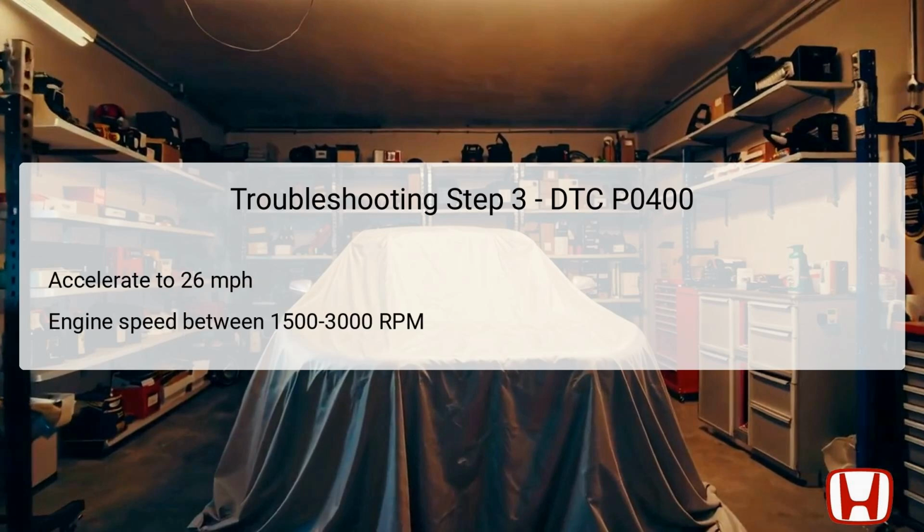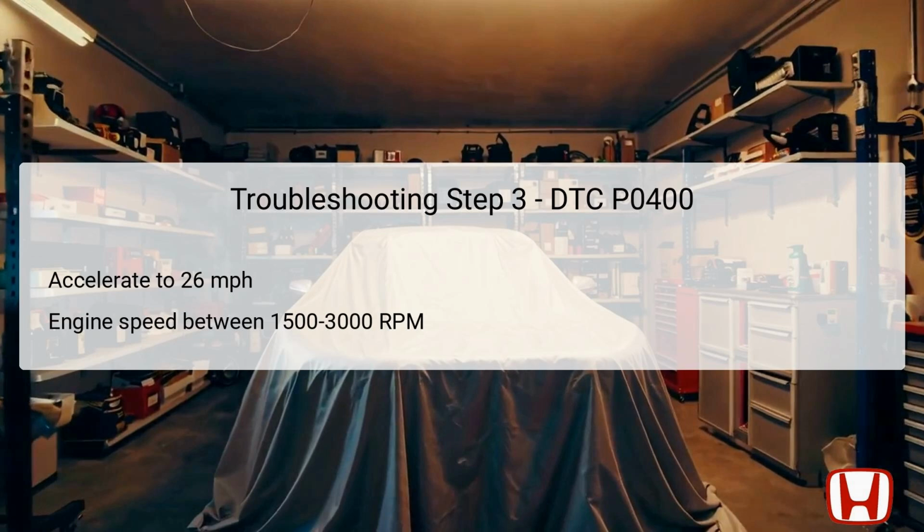In the third troubleshooting step, after maintaining a low speed, the driver must accelerate to at least 26 miles per hour, or approximately 41 kilometers per hour, while ensuring that the engine speed remains between 1,500 and 3,000 RPM. This transition allows for a comprehensive evaluation of the EGR system's functionality under a more demanding condition.